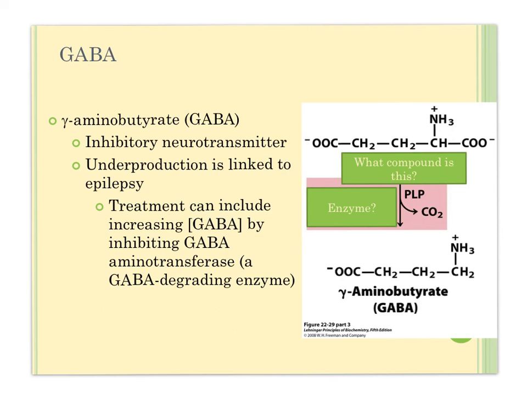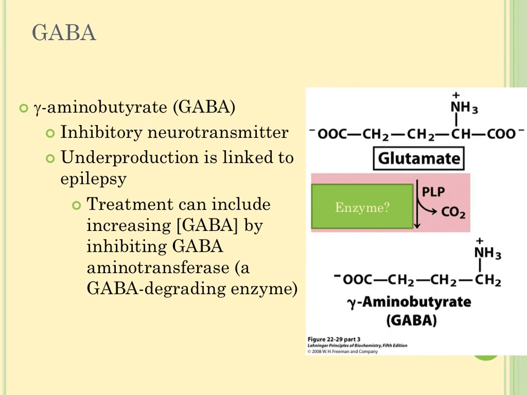All right. So if we look at it, what compound is the starting material for GABA? Someone said it. Say it. It's glutamate. That's just plain Jane glutamate. Once again, we have PLP.